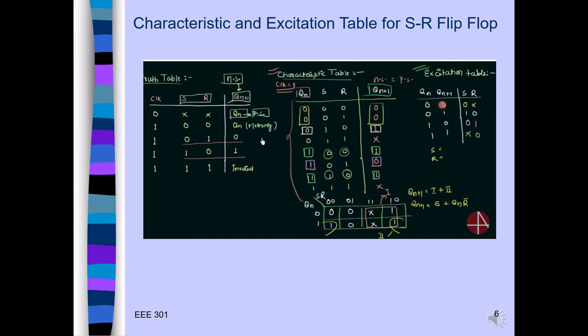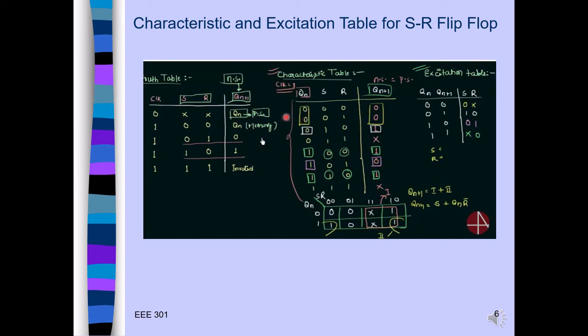So for this we have the combinations 0 0, 0 1, 1 0, 1 1. We need to determine the S and R values. If you look here, Qn and Qn plus 1: for these two rows Qn is 0 and Qn plus 1 is 0, so we consider the first two rows.